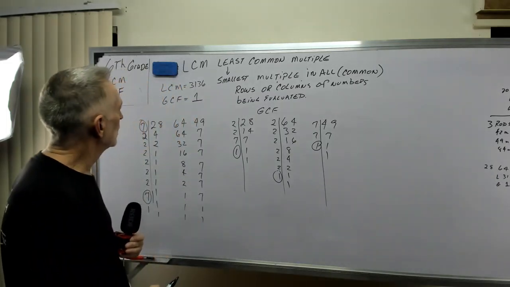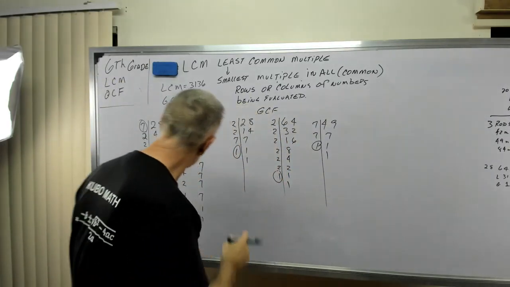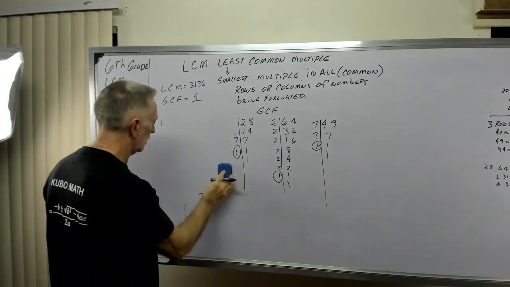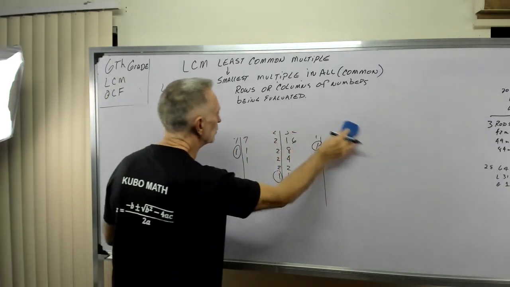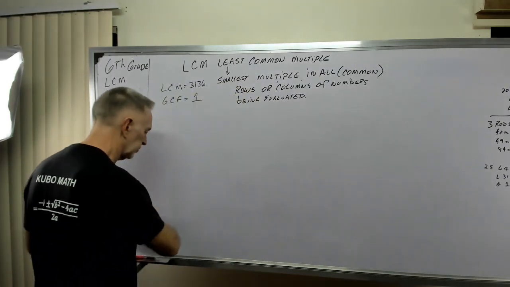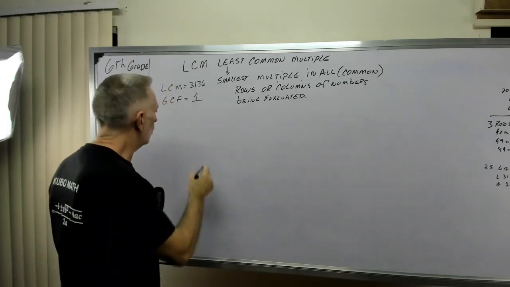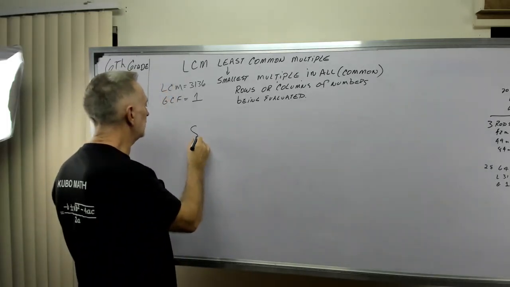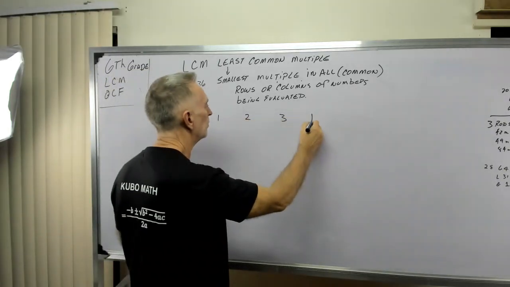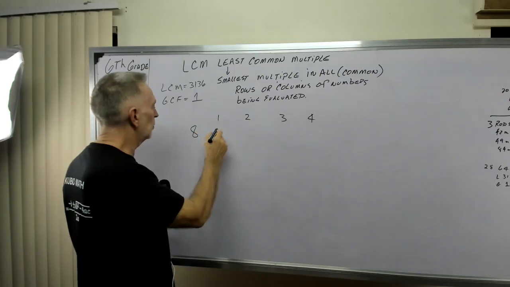Okay, before we shut down, let's take one more moment and talk about multiples and factors. What would be the multiples of 8? It means 8 times 1 is 8.